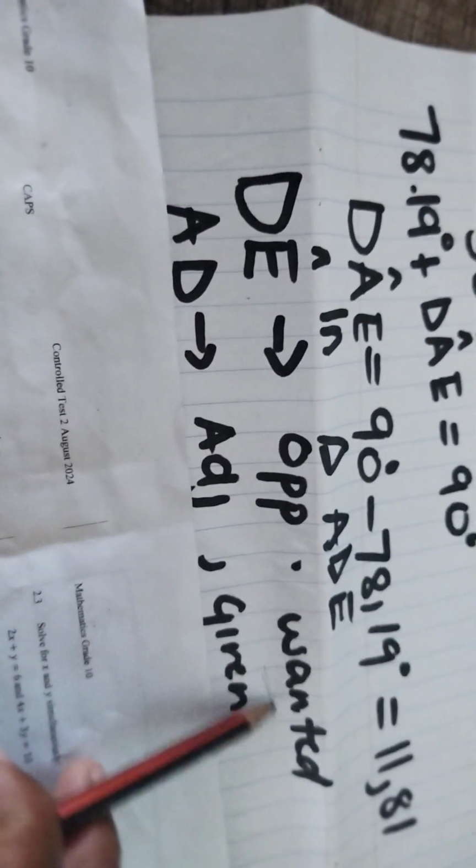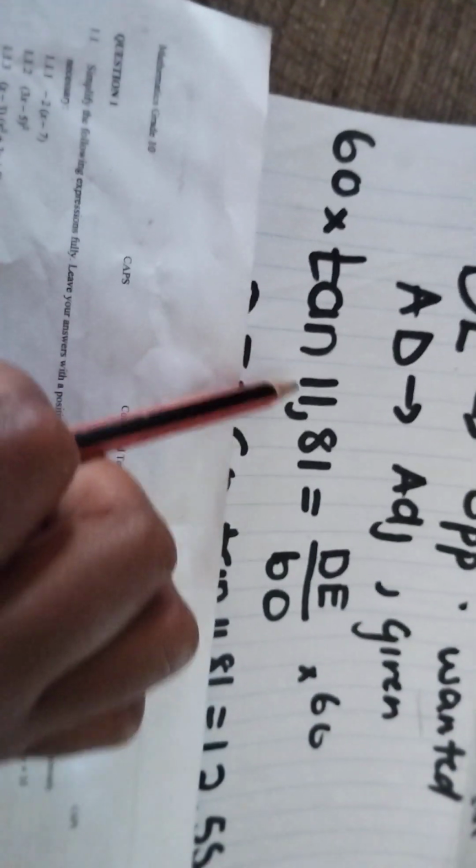DE is our opposite, which we are looking for, and AD is our adjacent, which is given. So the tan of 11,81 is equal to DE over 60.